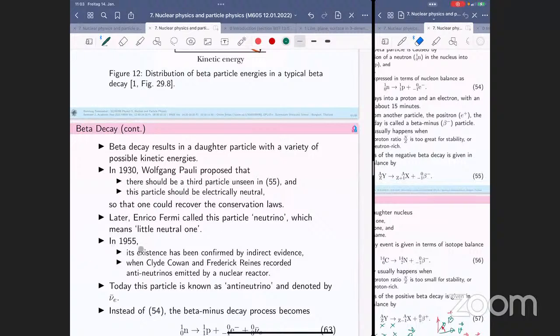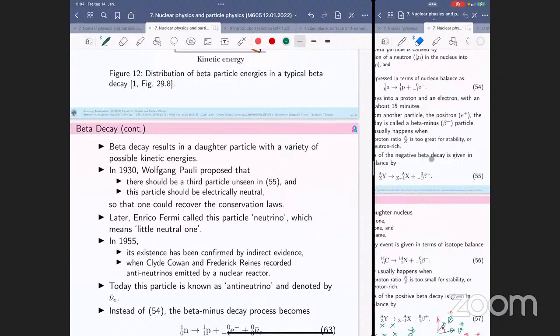In 1955, the theory came first, and the measurement came later. Its existence was confirmed by indirect evidence: Clyde Cowan and Frederick Reines recorded anti-neutrinos emitted by nuclear reactors.